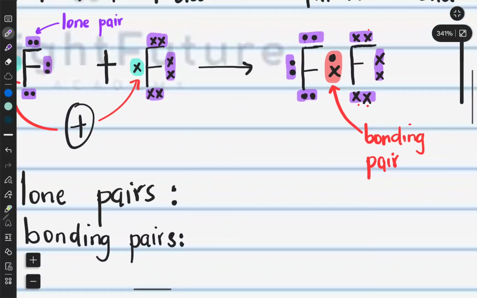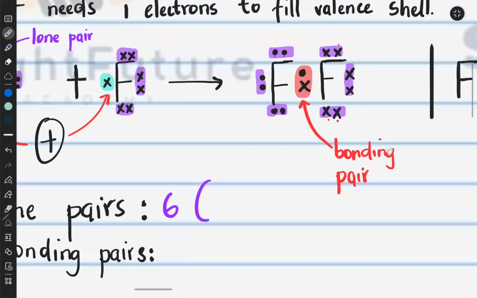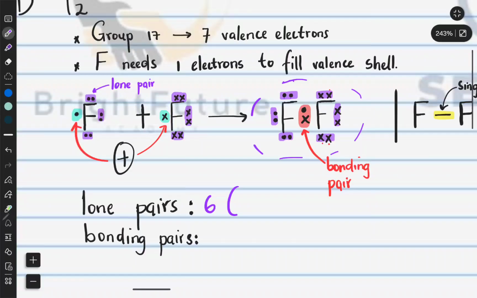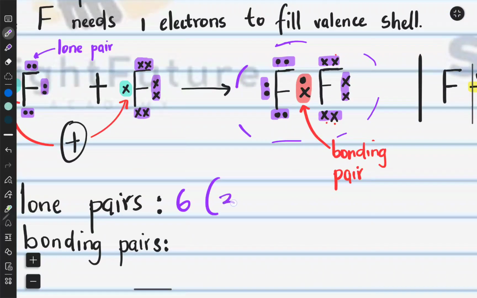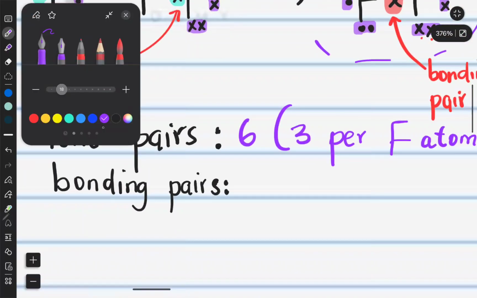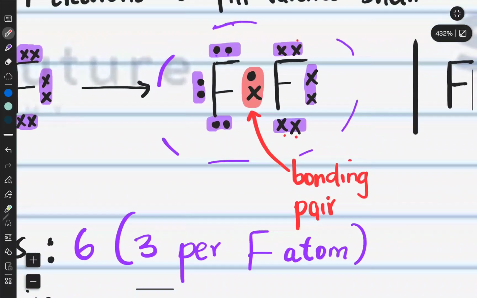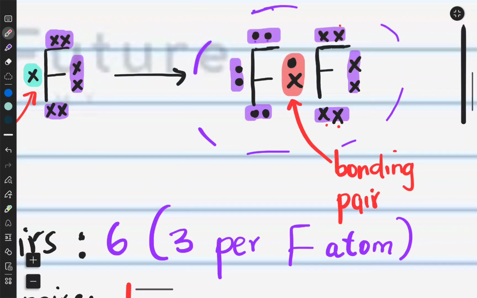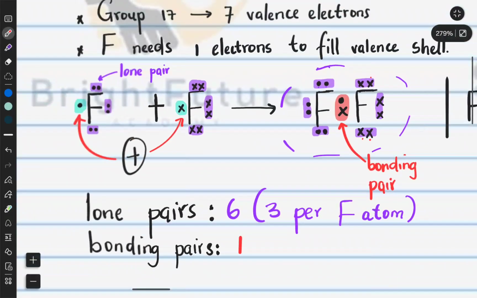I'm talking about the final structure on the right hand side of the arrow. And then how about the bonding pairs? There's only one in the middle, which is 1. A bonding pair will always be in the middle of the 2 atoms. It won't be outside. The other pairs that are outside and not in the middle of the atoms are usually lone pairs.